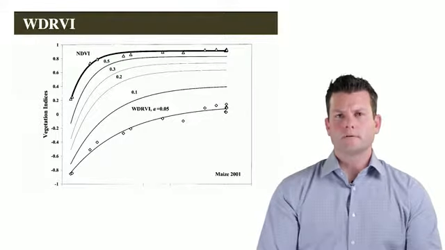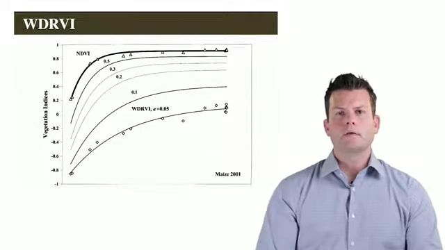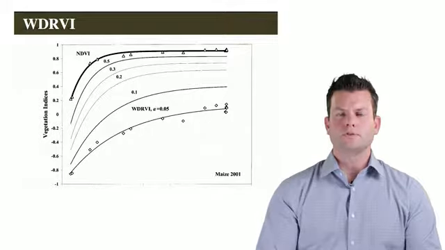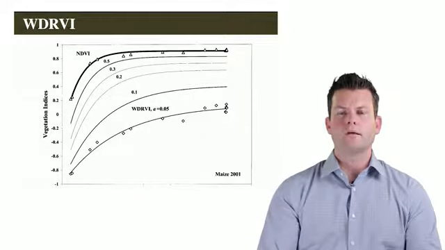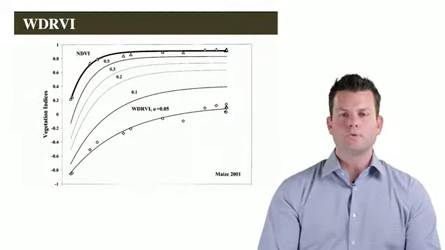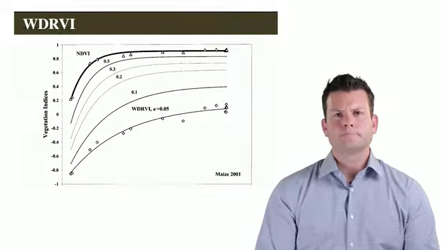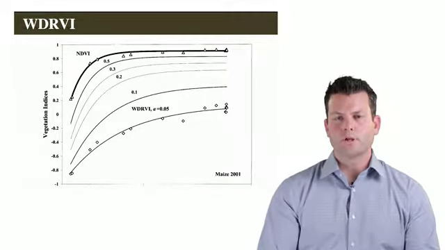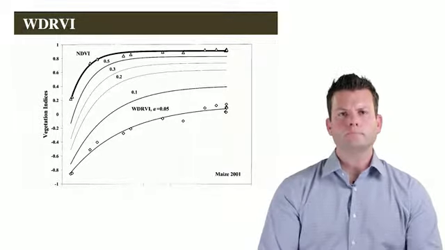And as I said, A can range anywhere from about 0 to 1. And this graph here shows that as we use a smaller and smaller value of A, we get an increasingly linear response of the Wide Dynamic Range Vegetation Index to Leaf Area Index, which is pretty logical. It's a pretty easy thing to wrap your head around.